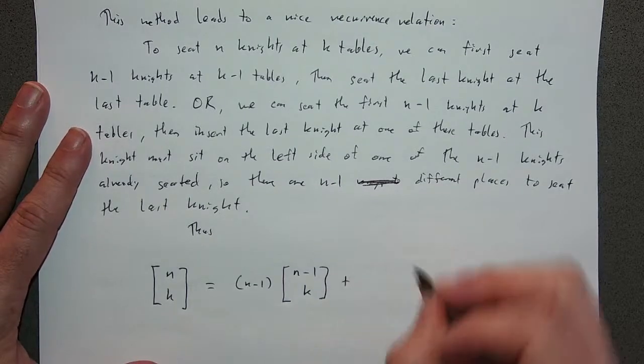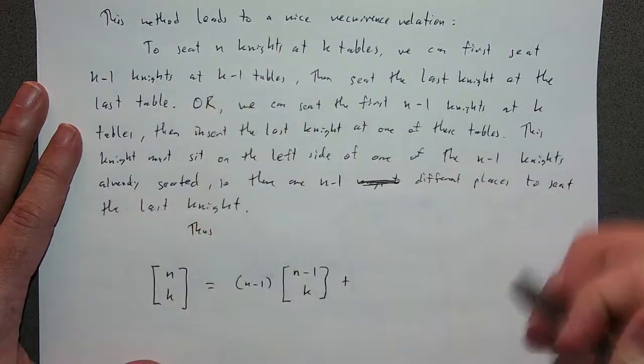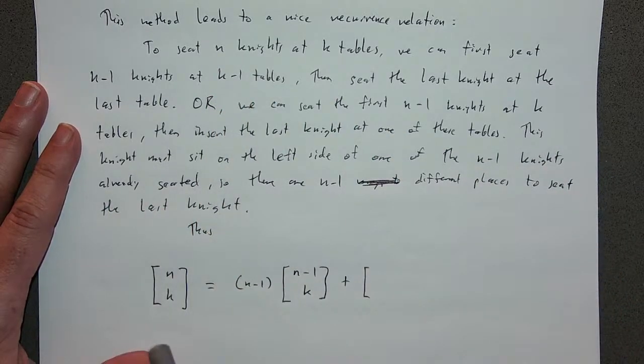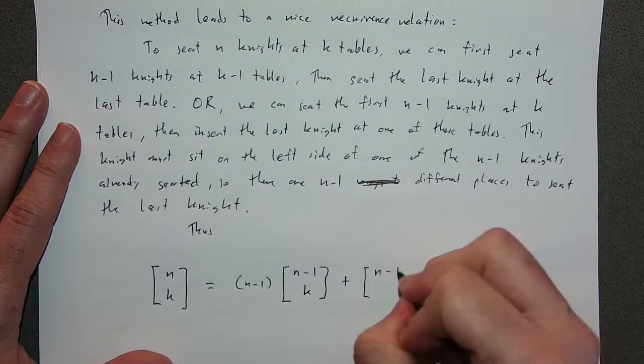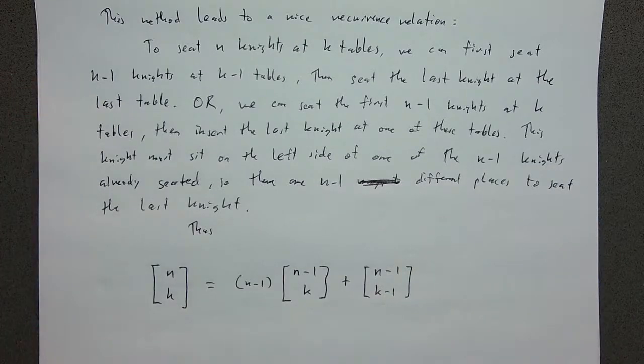Or I could seat n-1 nights at k-1 tables and insert the last one at the kth table, which gives me no choice there. So this is the Stirling number n-1, k-1.